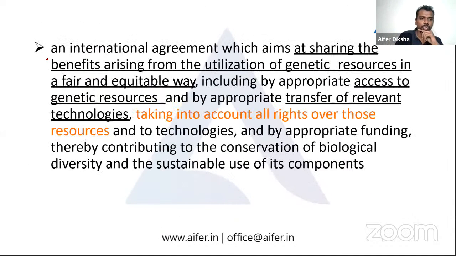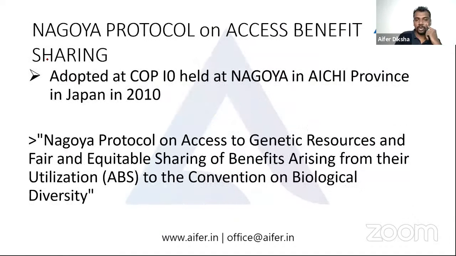Next we have the Nagoya Protocol. The Nagoya Protocol deals with access and benefit sharing. When we discussed the Cartagena Protocol, I told you it deals with usage and trade of living modified organisms.